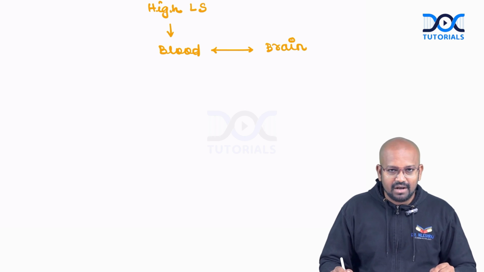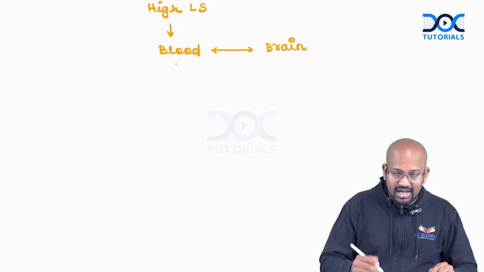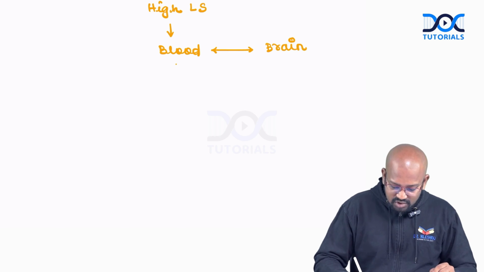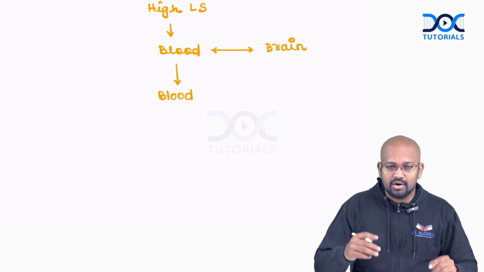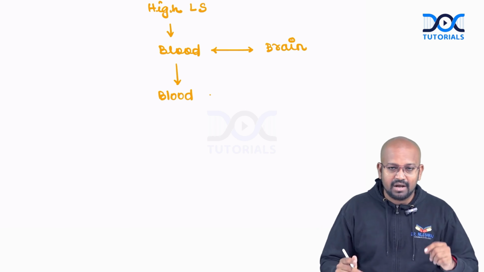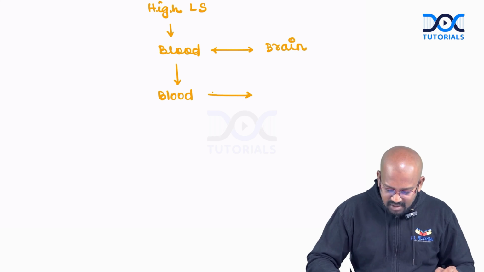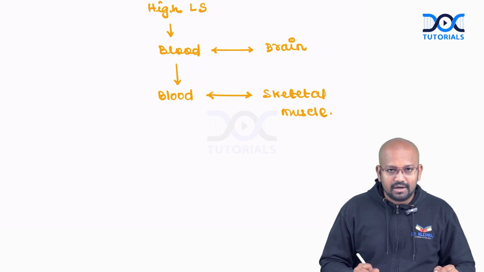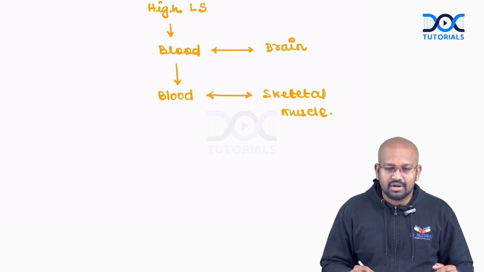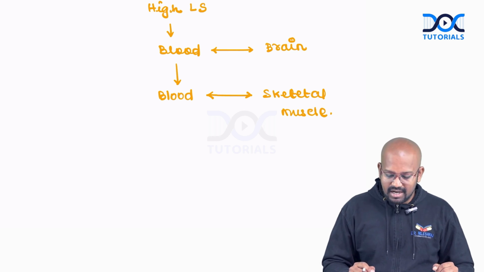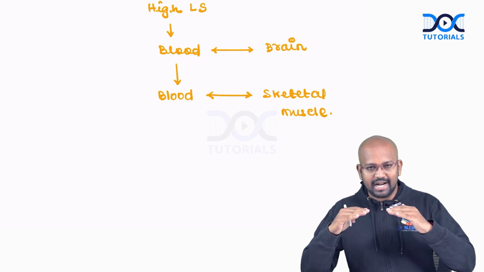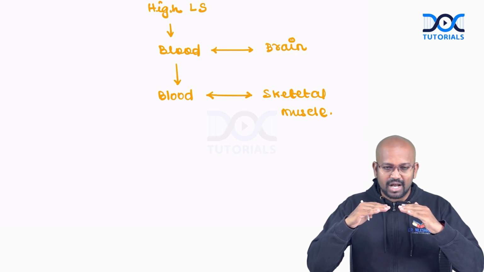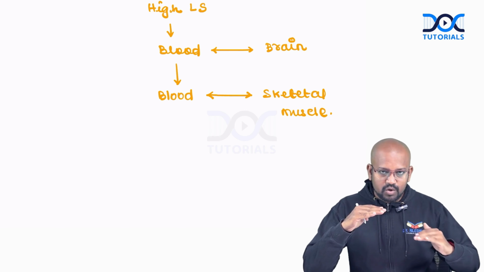Equilibrium is attained. But because this drug has a high lipid soluble capacity, those 50 milligram in the blood cannot remain inside the blood, and this drug will move on to the next tissue. For example, skeletal muscles. Because it has a very high volume of distribution and high lipid solubility, these 50 milligrams will start moving towards the next tissue.